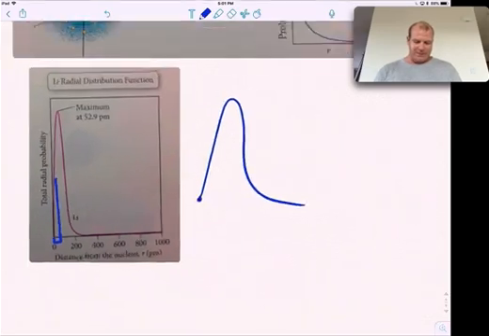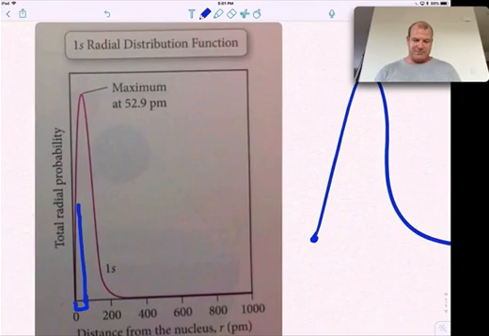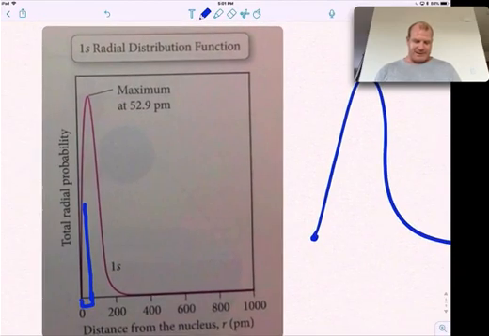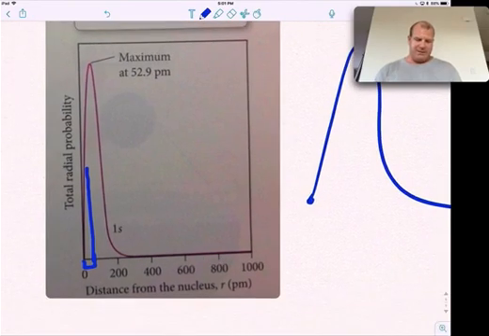Okay, but one of the things with the 1s orbital is that there is a small amount of electron density very close to the origin. And maybe you learned in high school or somewhere else that electrons are not in the nucleus of the atom. Well, guess what? Electrons can be in the nucleus of the atom, just not very much. There is a small amount of electron density in the nucleus, and of that, the 1s electron has the most.